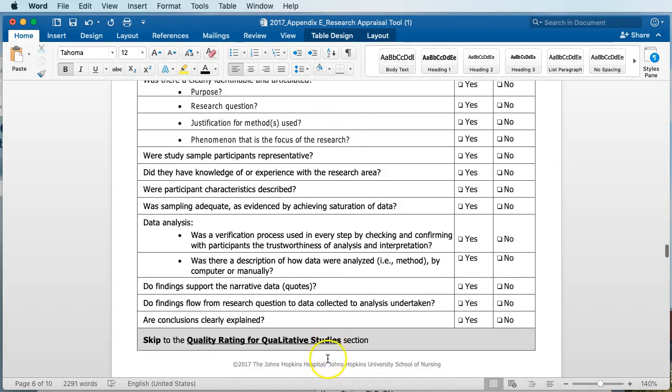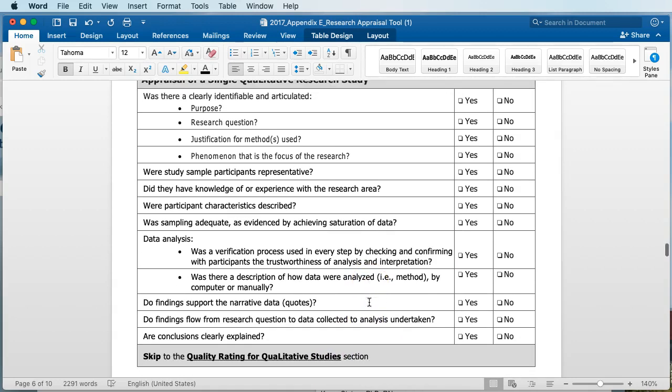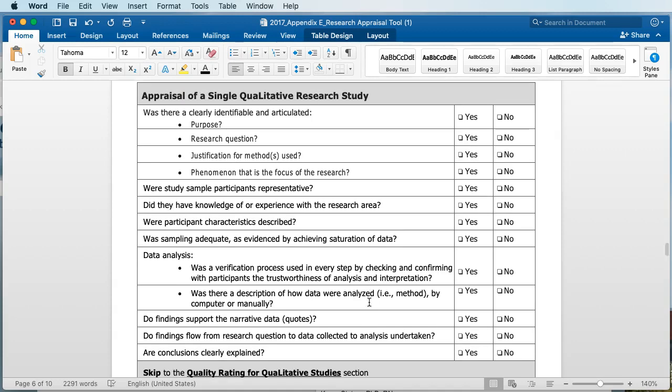And so the appraisal of a single study is pretty short, if you will, but you want to know were the purpose, the research question, the justification, and the phenomena, were those noted? Did the study participants represent the phenomenon? Were they experiencing the phenomenon of interest?